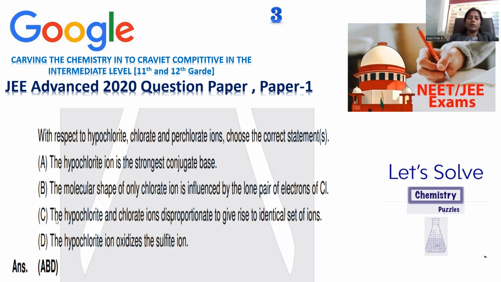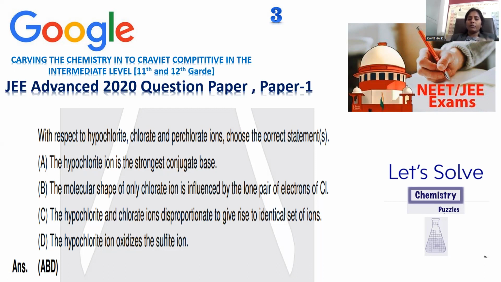Among all, multiple options are correct, like A, B and D. Let's see. Hypochlorite ion is the strongest conjugate base. Here, how can we predict conjugate acid and base? Any acid and its conjugate base differ by only one H plus, and both are said to be a conjugate acid-base pair.